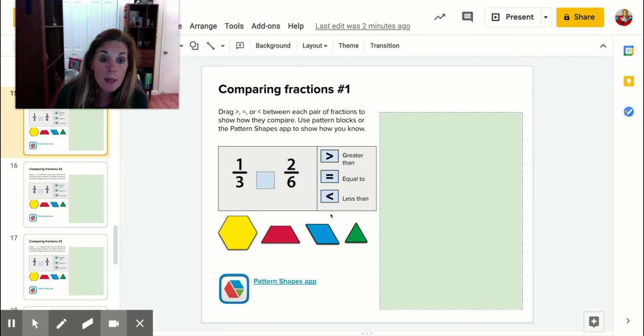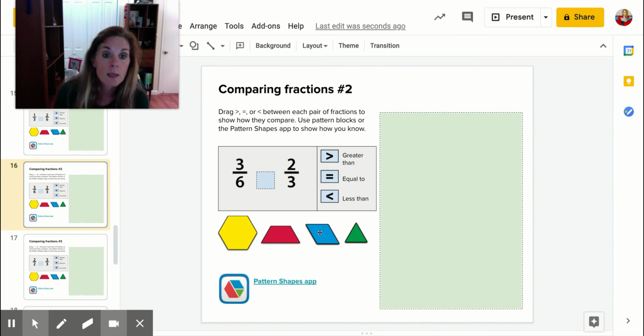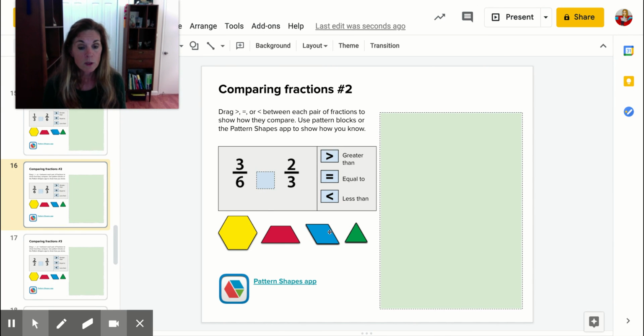In order to do that, you may want to get out your pattern blocks and drag them over. Drag 3 to make a whole, and then find the other shape. What's 6?